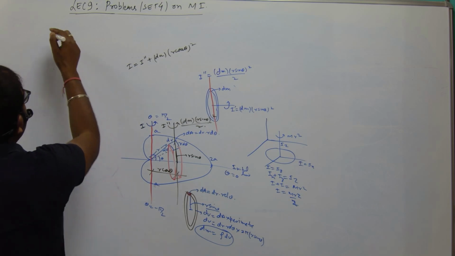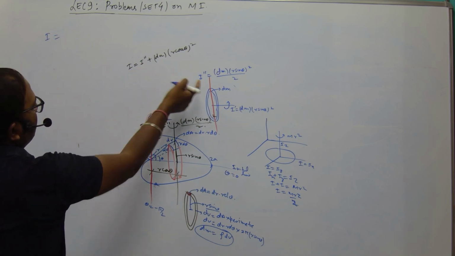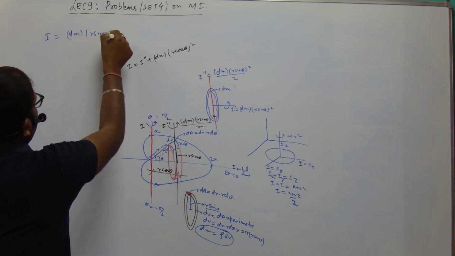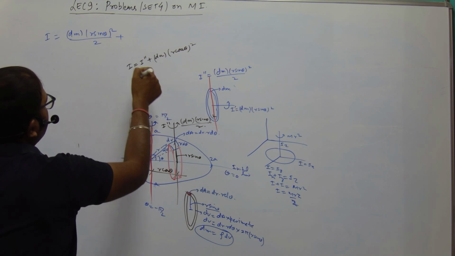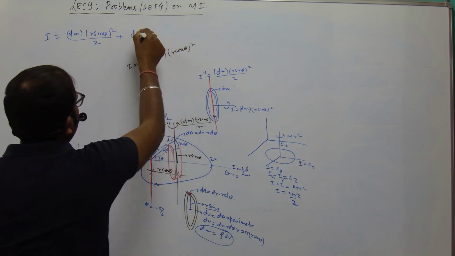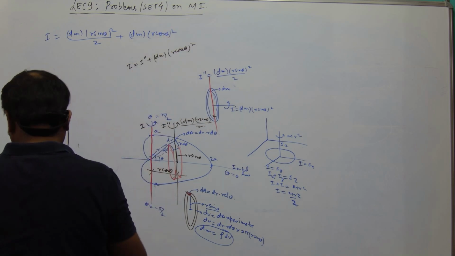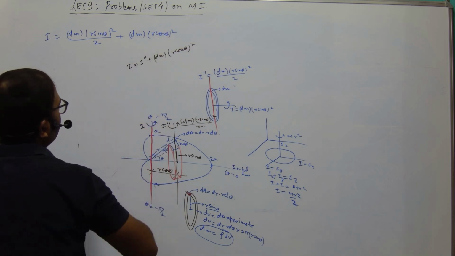So we have I is equal to I double dash, which is dm into (r sin theta) whole square upon 2, plus dm into (r cos theta) whole square. Okay, so let us place the value here.